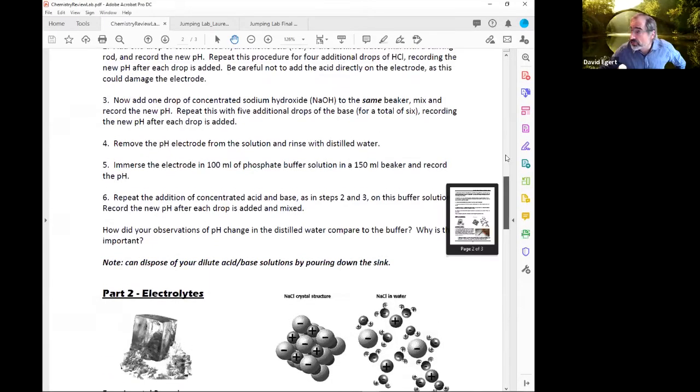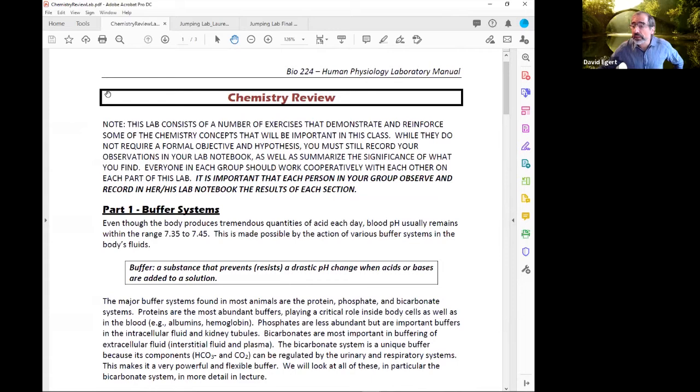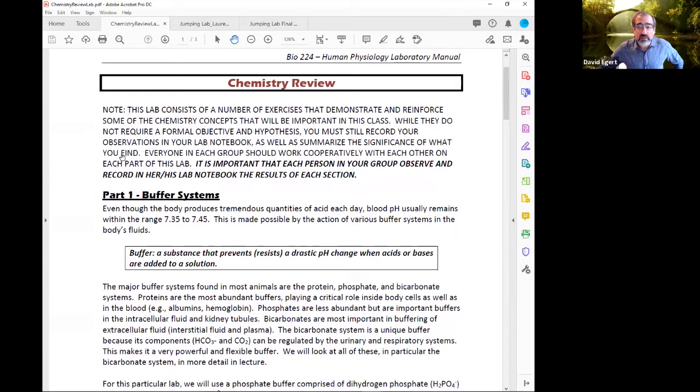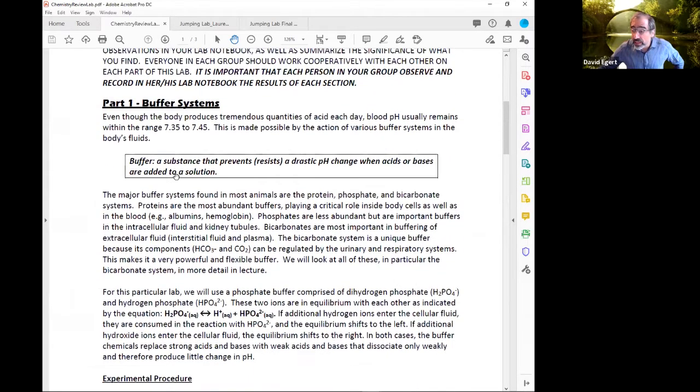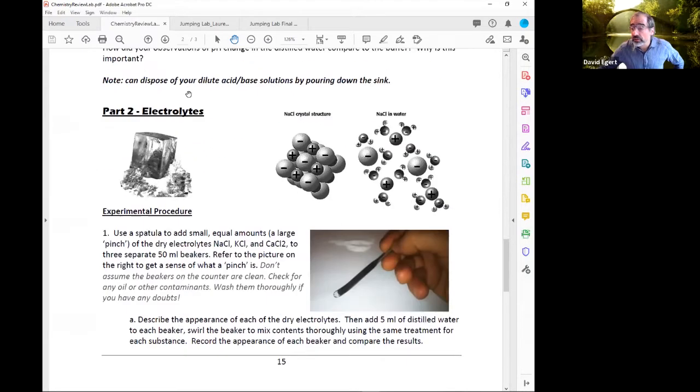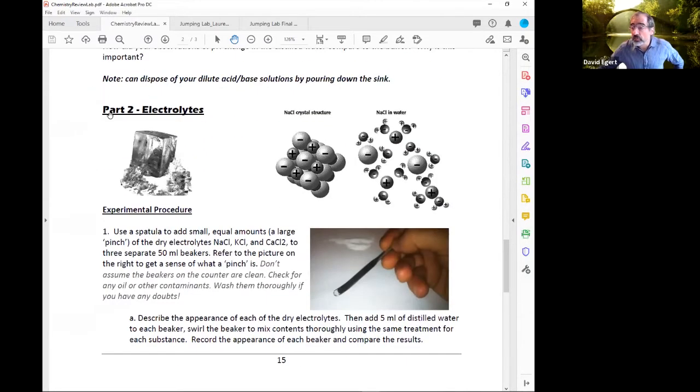So I would do it a little more thoughtfully here. At the very beginning of the lab, I would just probably have the title and this little initial part, which basically gives you the description of what the overall lab is. Then I would probably cut out the instructions for part 2, because that's where we're going to start for today.